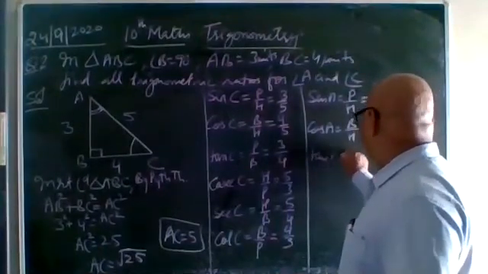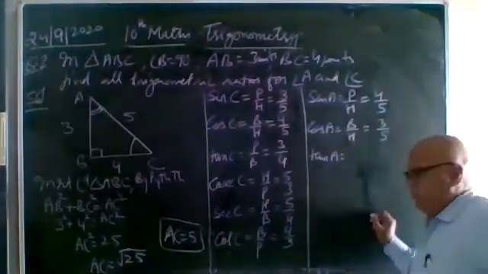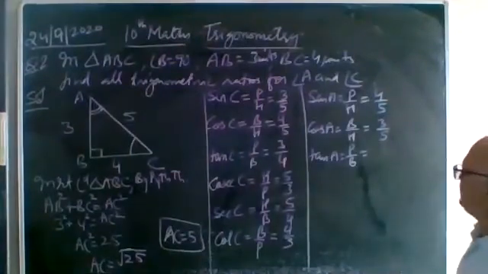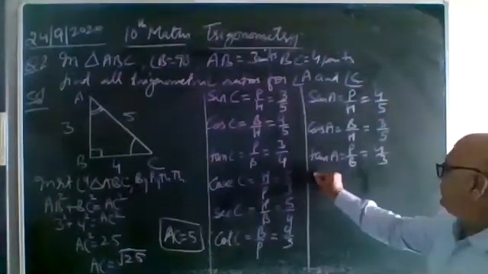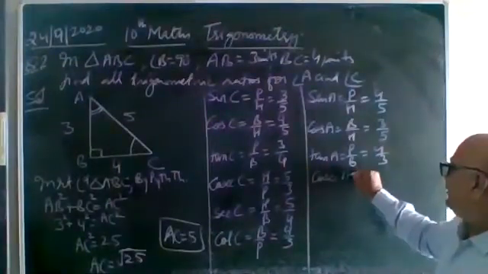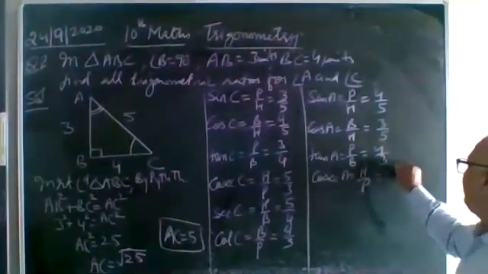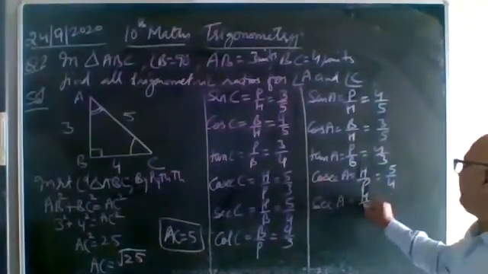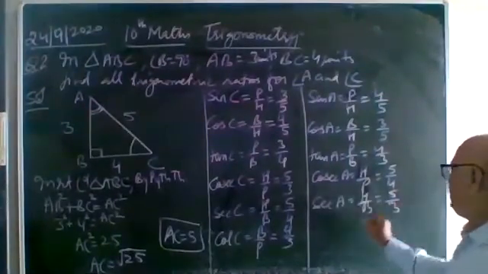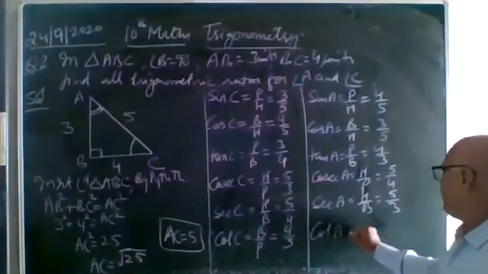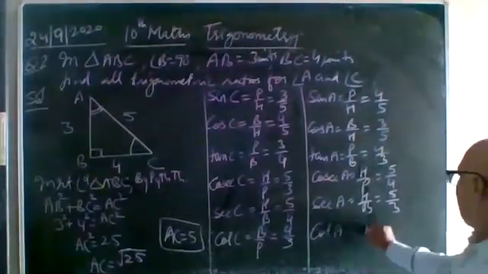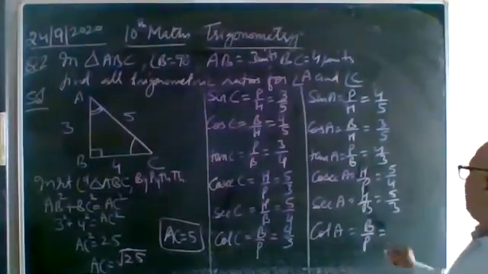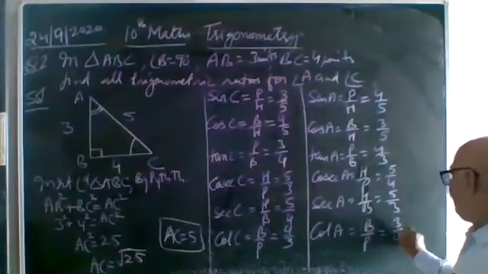Tan A is perpendicular upon base, that is 4 upon 3. Cosec A is H upon P, 5 by 4. Sec A is H upon B, 5 upon 3. Cot A is base upon perpendicular, that is 3 upon 4.